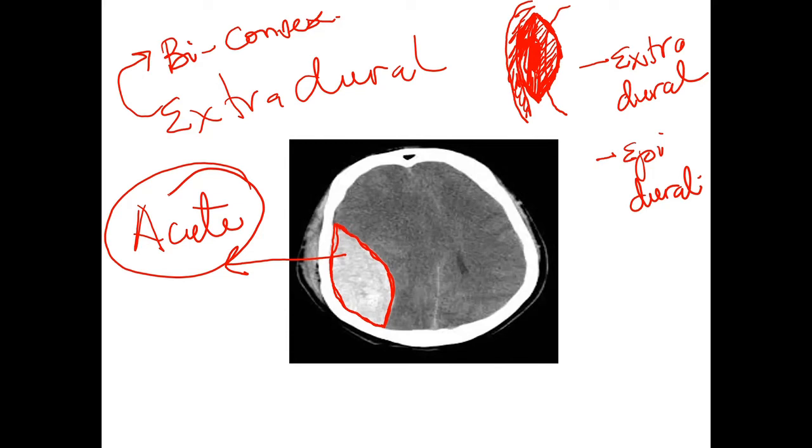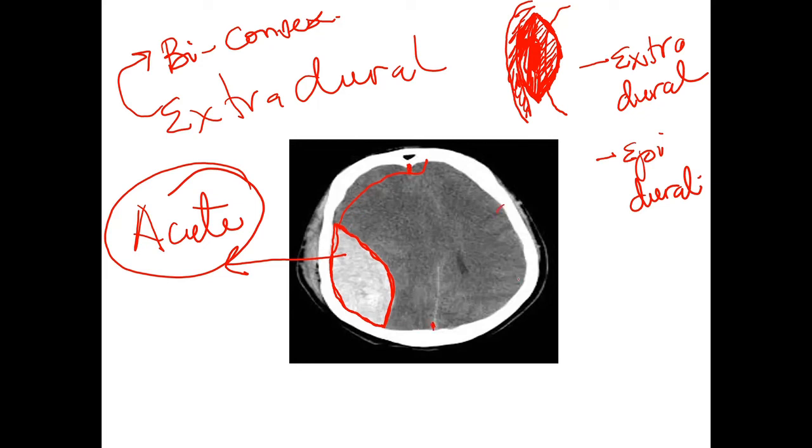Usually following trauma, there is injury to the middle meningeal artery, commonly, and this bleeds. And of course, this bleeding does not cross suture lines, because at these suture lines, the dura is attached to the skull.